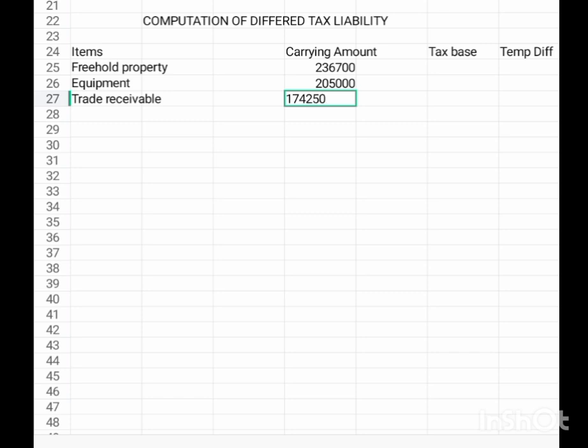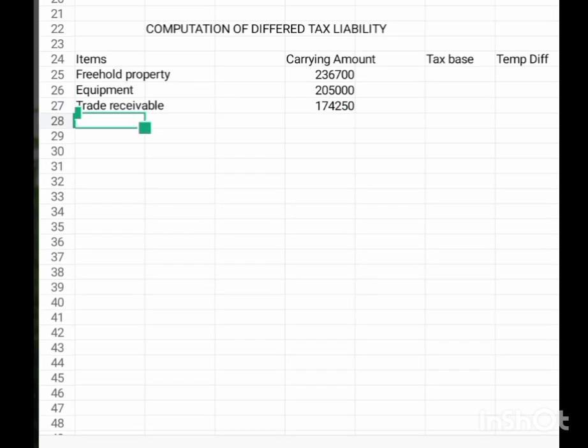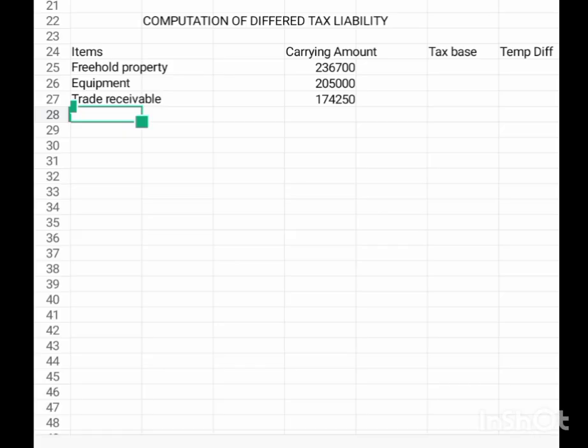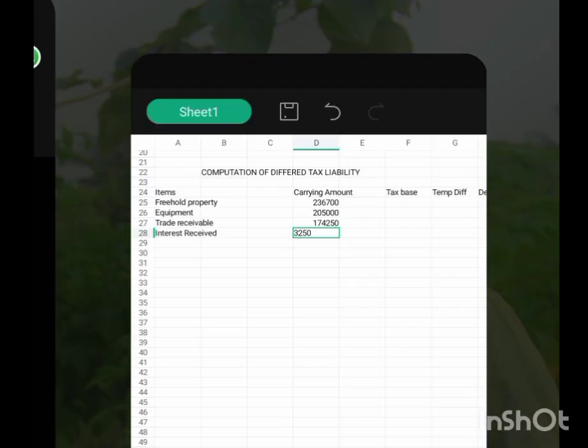Then we have our interest received, which happens to be 3,250. If I get it, 3,250.